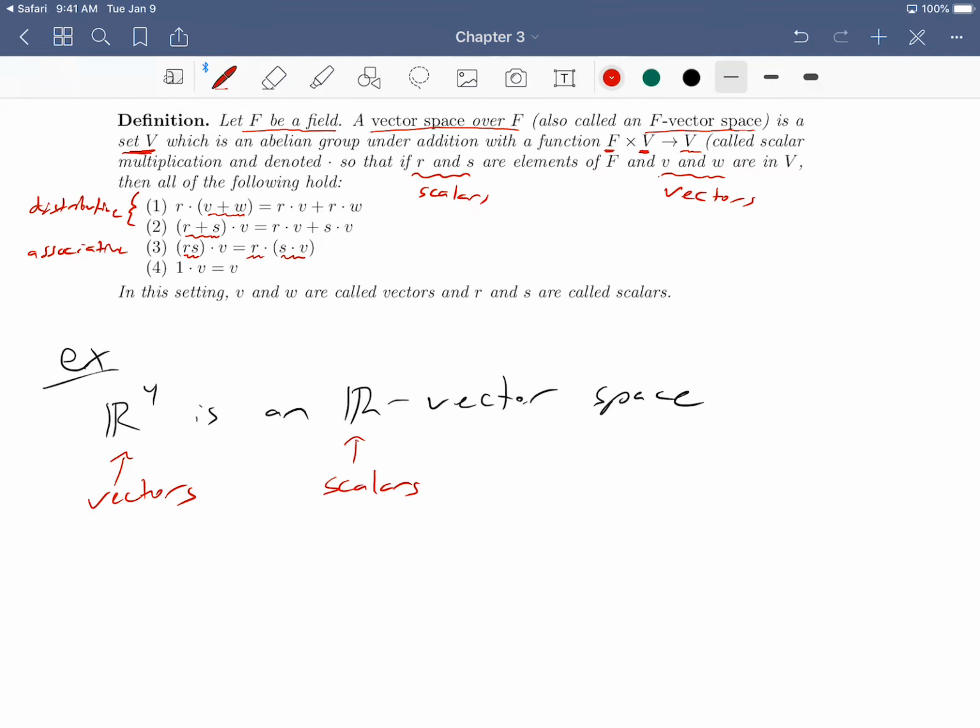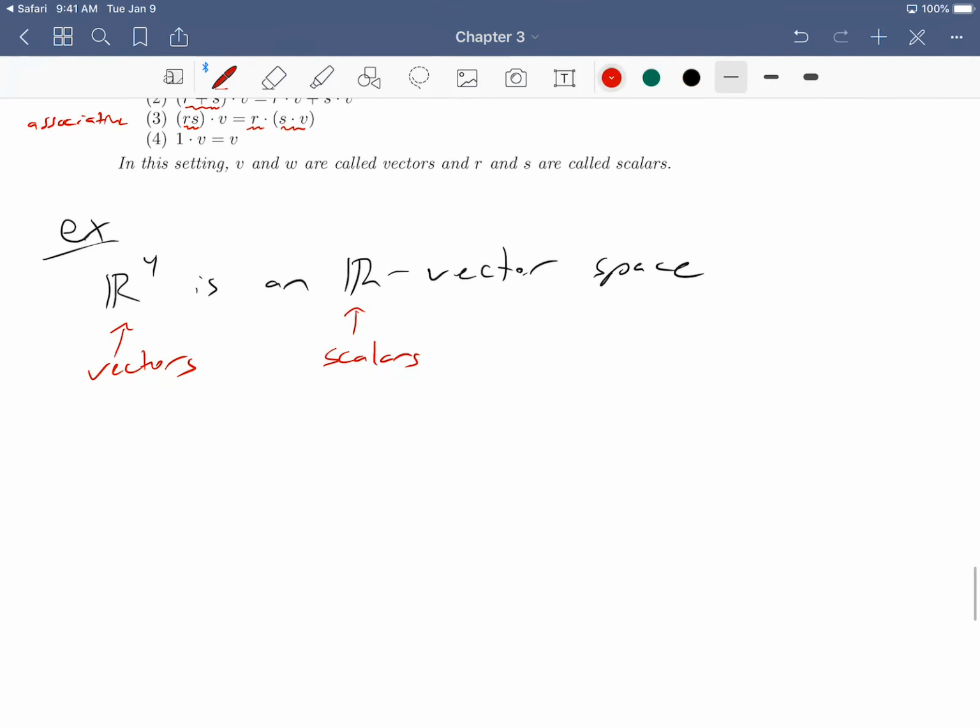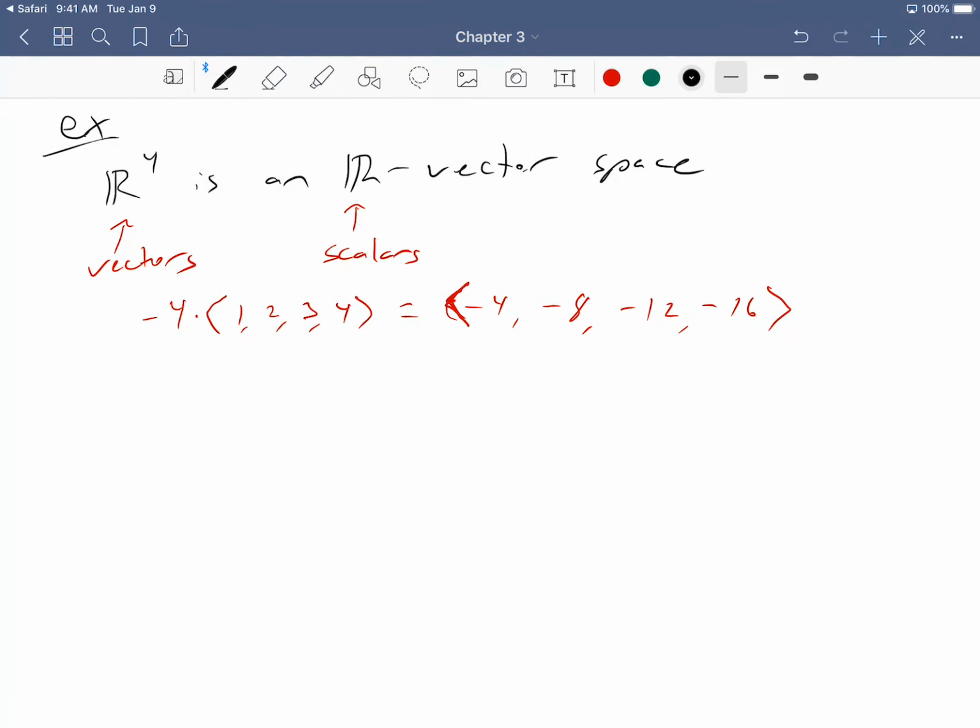Okay, and so in this R^4 as an R vector space, I might talk about this scalar multiplication as something like I can do -4 times the vector (1, 2, 3, 4), right? So, and I know how to add the vectors in R^4 and all of that good stuff. So here, let me just write down my final: (-4, -8, -12, -16) would be the product there. All right, so that's one that's pretty familiar, and I just picked R^4 arbitrarily, R^n whatever you want, as an R vector space.